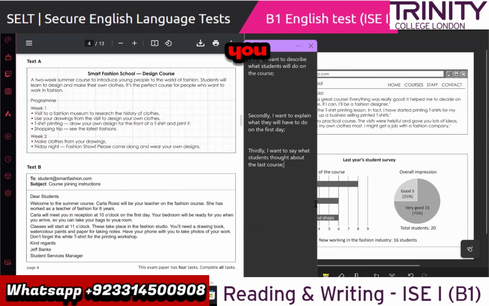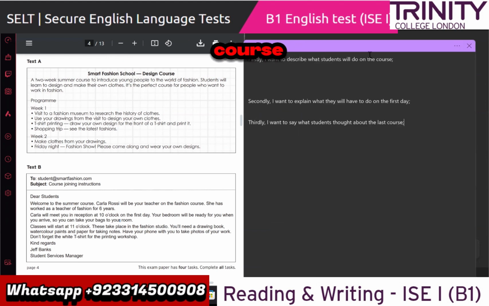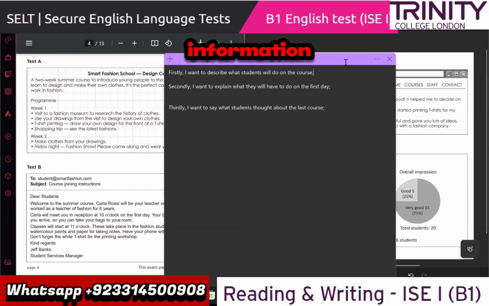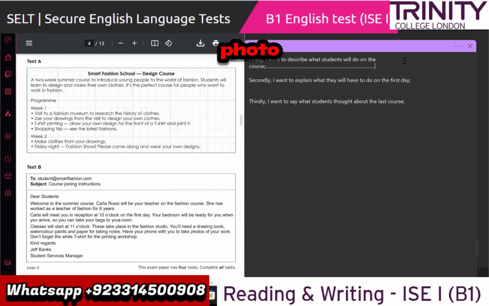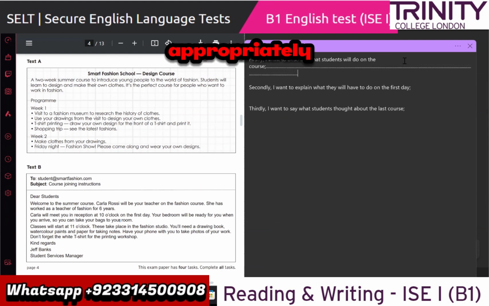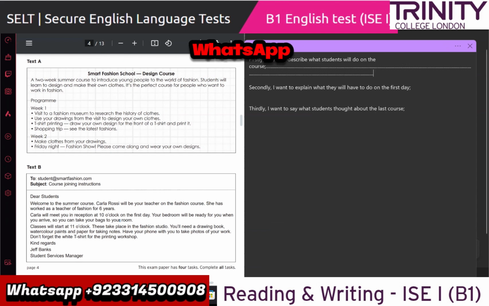I can only tell you that the information about what students will do on the course is given in text A. Now find information about text A and complete it on your notebook and then send me a photo, right? So that I can check if this information is given fully, appropriately with language control and information is from the text or not. Okay? Do it and send me a picture on WhatsApp.